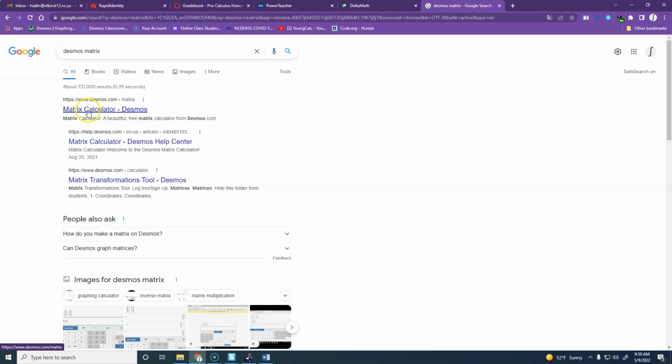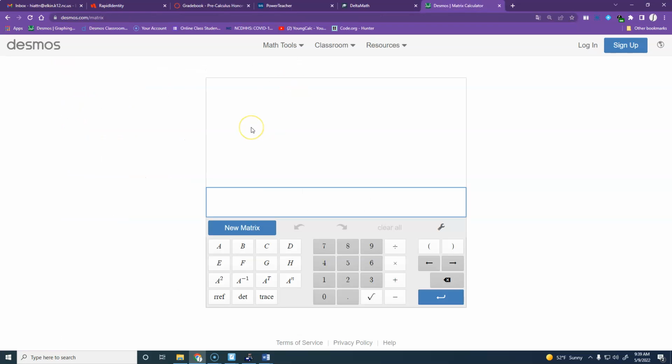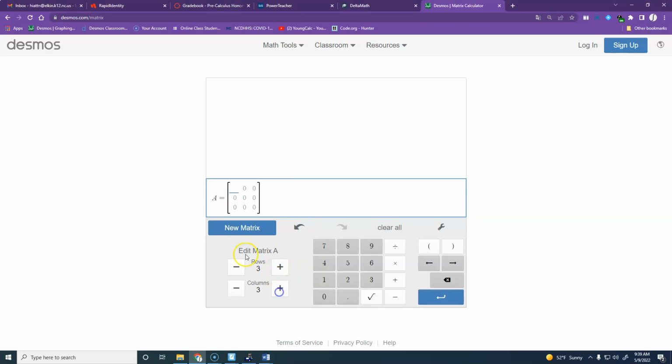if you just search Desmos matrix, it is separate. It's a separate matrix calculator, so this is not in like the regular Desmos graphing calculator. But you can do A equals, hold on, new matrix, okay, and then you can tell it rows and columns, and put in some numbers.